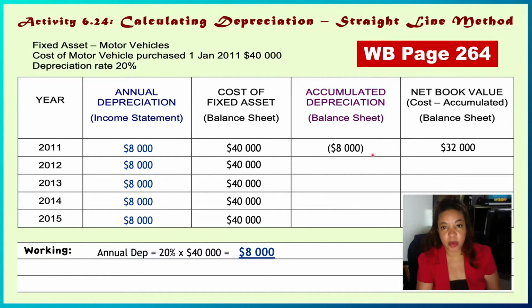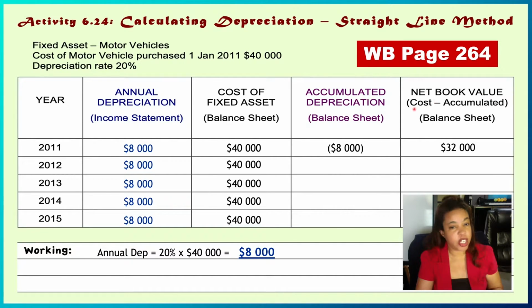There's a reason why we put it like this. Basically, the balance sheet, which we will do in another lesson, is set up exactly like this, where you have the cost, the accumulated depreciation, which is minus or subtracted from the cost to give you your last column, which is your net book value.